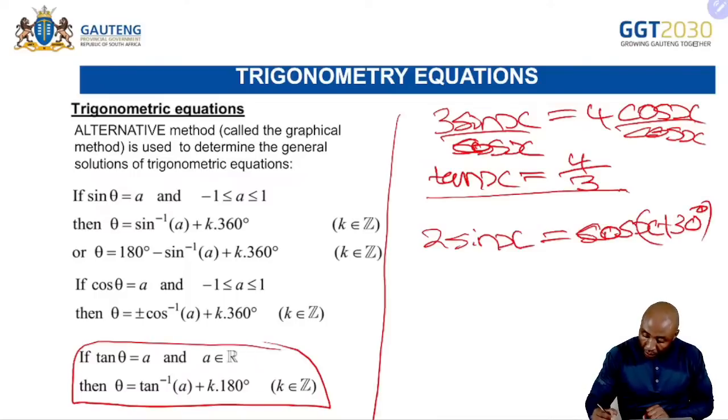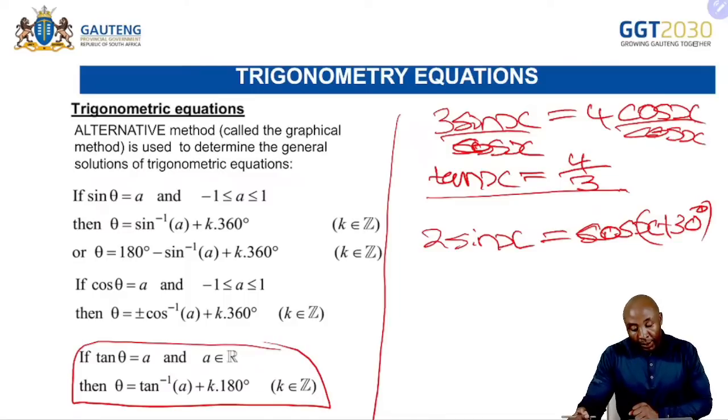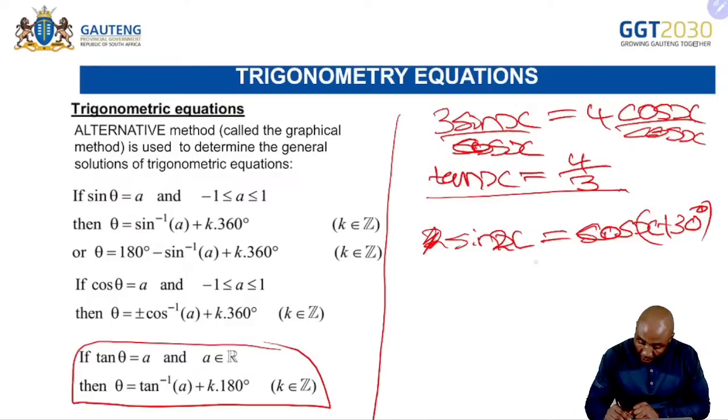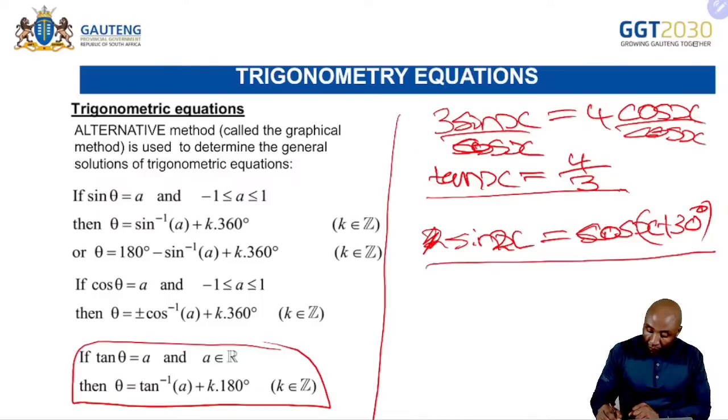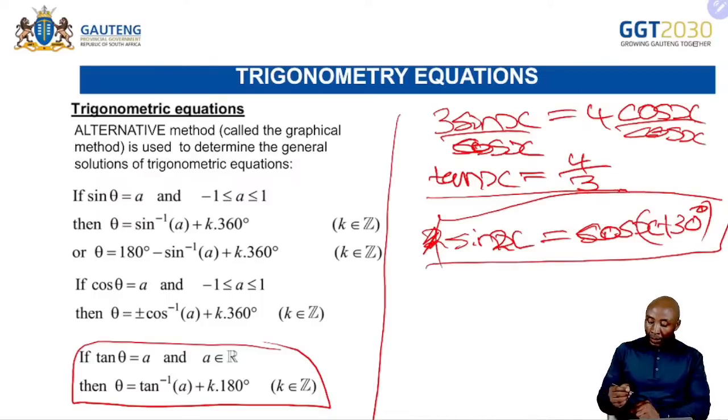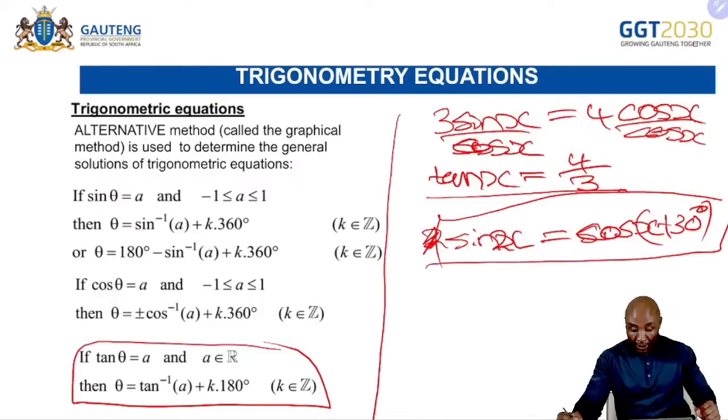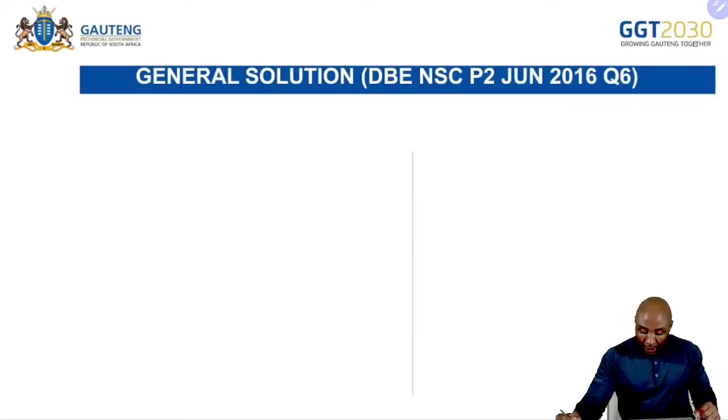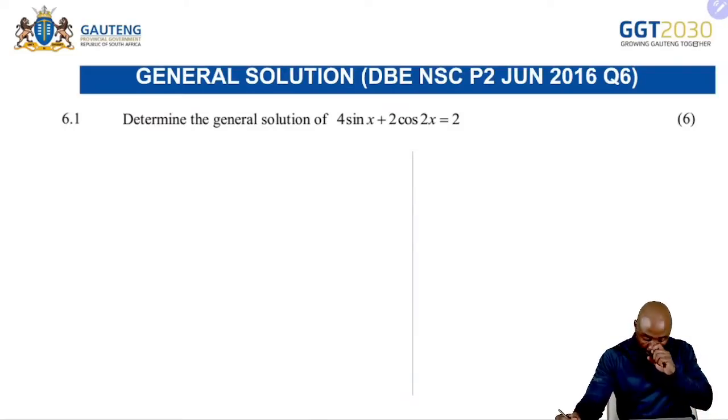You need to use your co-functions, and one of the angles becomes your reference angle. Then you are able to solve. That is the third form of our trigonometric equations. Please, let's practice them.